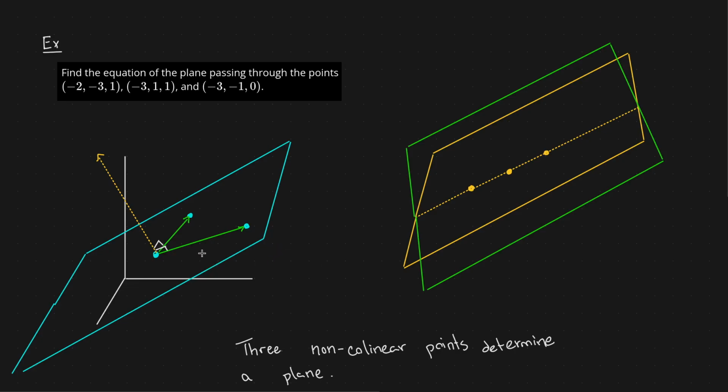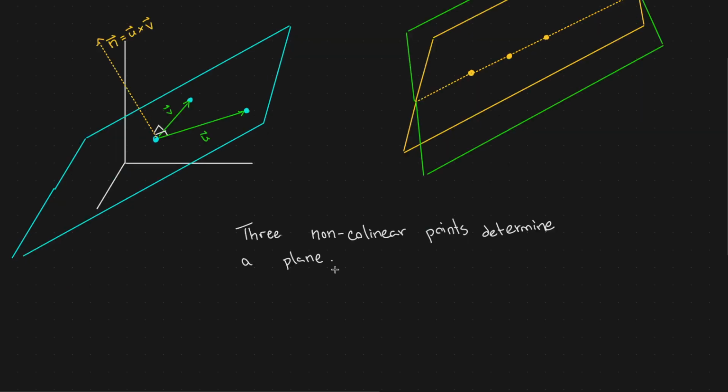If I can find this vector in the plane and this vector in the plane, then by taking the cross product, I get a vector orthogonal to both of these vectors and therefore orthogonal to the plane. So that's the plan. Find 2 vectors that are parallel to the plane and take their cross product to find a vector normal to the plane.